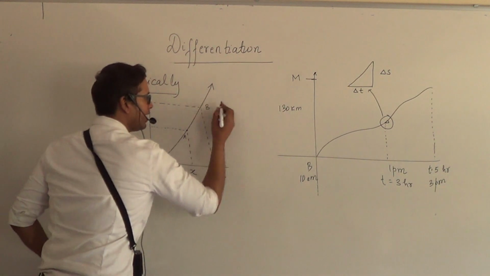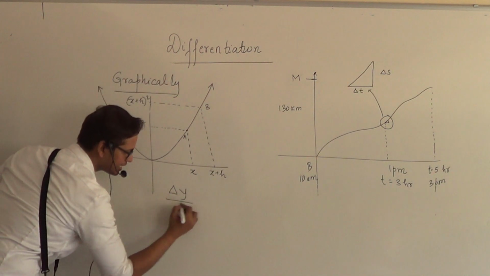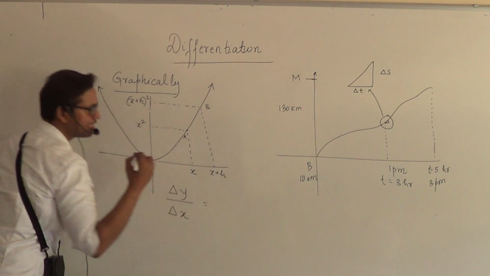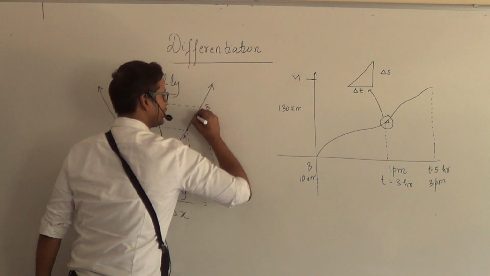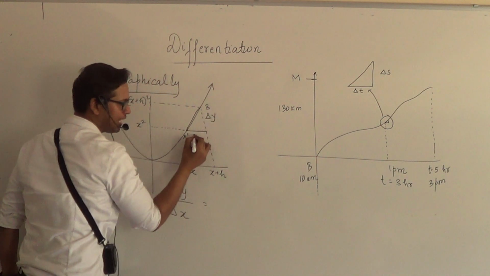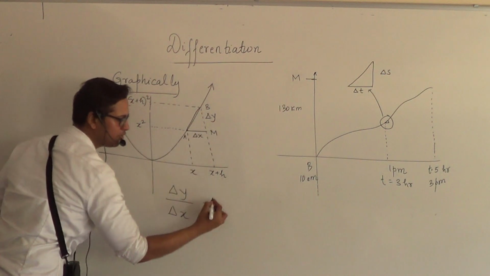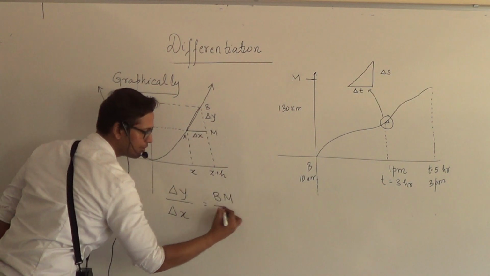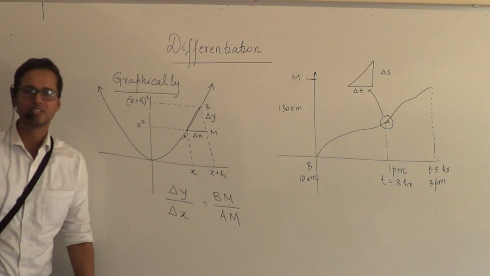Now, when I do delta y by delta x, you are finding the change in y by the change in x. So basically you are trying to find BM by AM. Everybody agrees?